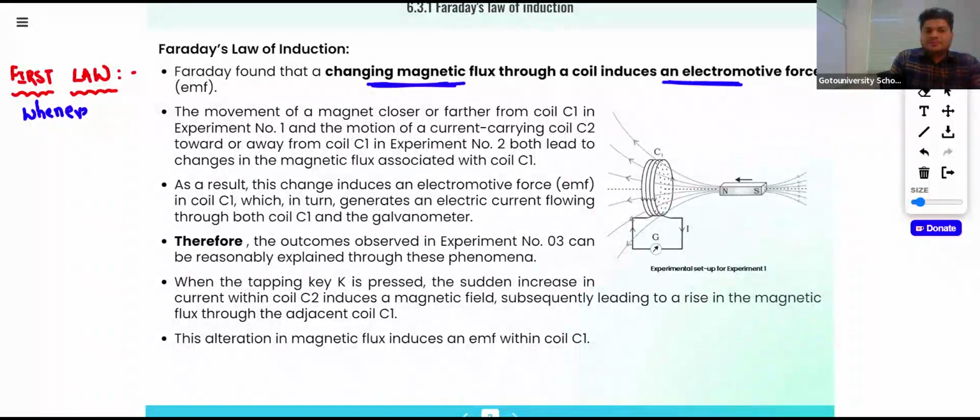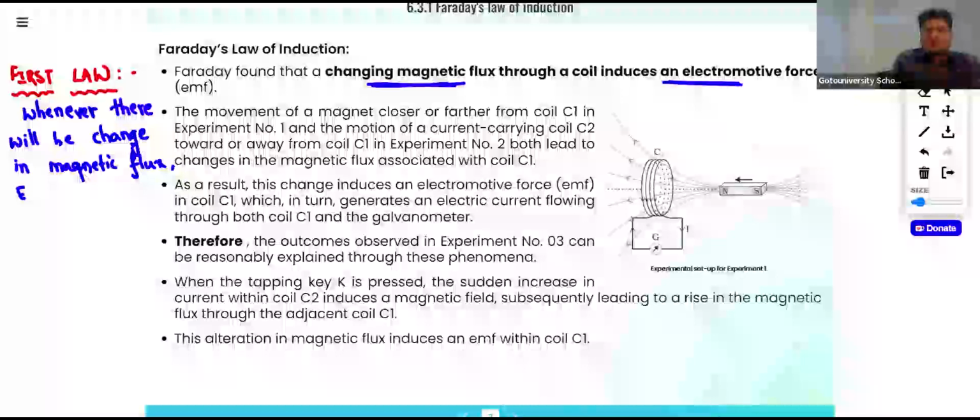Whenever there will be change in magnetic flux, EMF is induced.